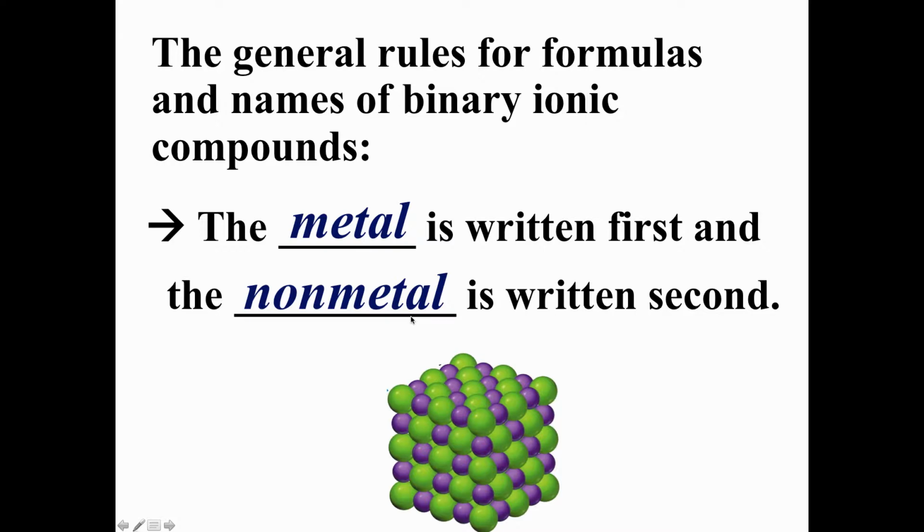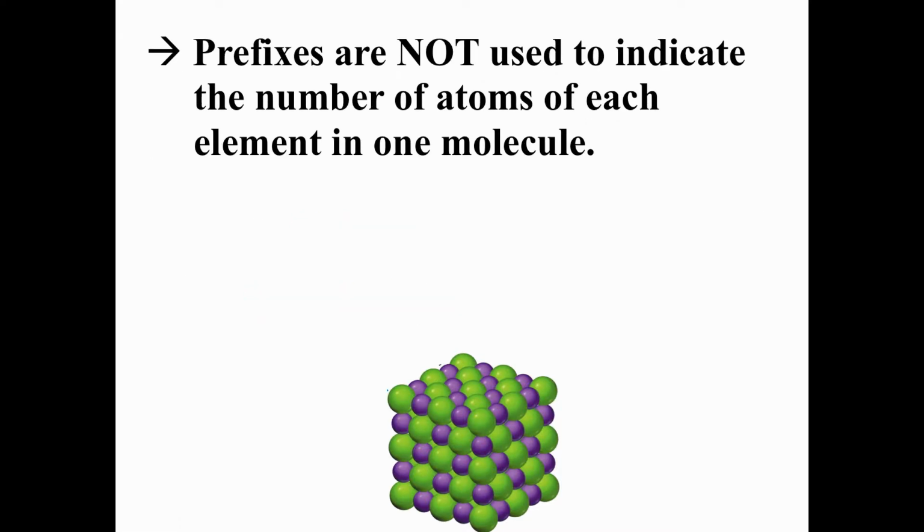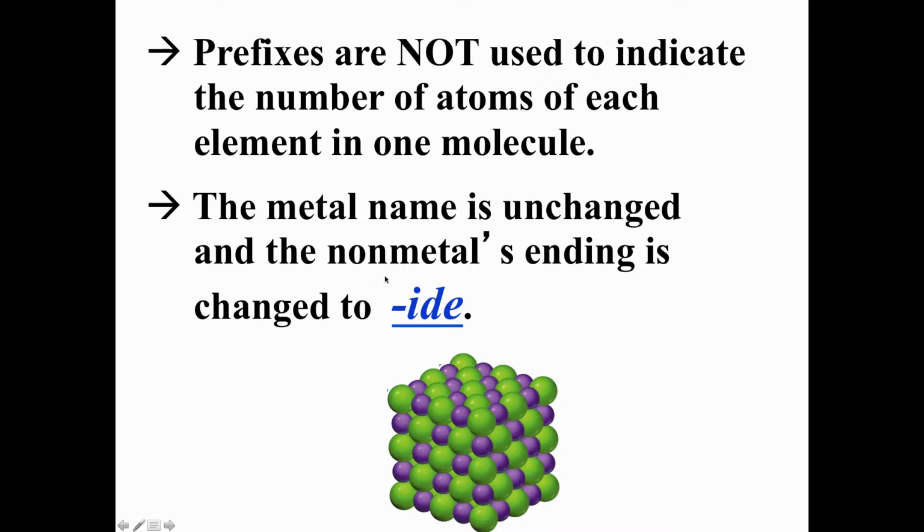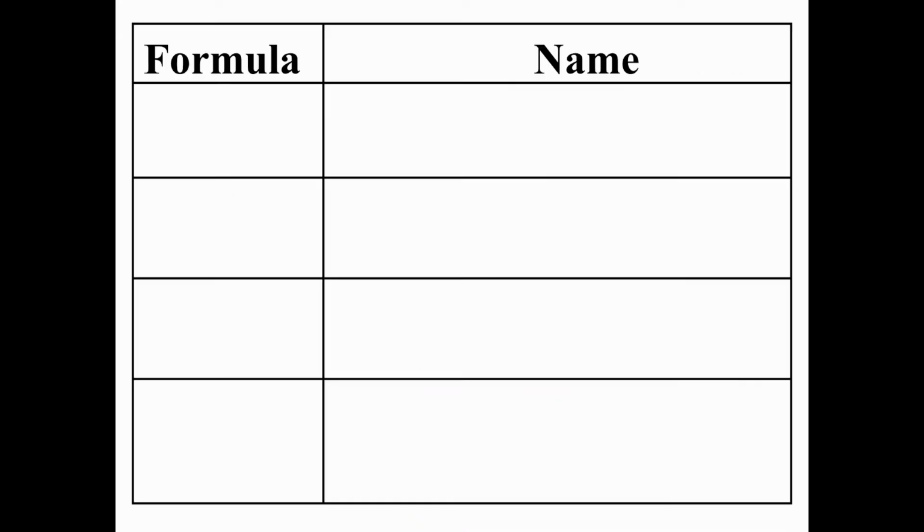And as before, we're going to change the ending of the non-metal's name to -ide, but in this case we don't use prefixes because we have a different way of determining how many atoms, or in this case ions, of each type are going to combine. So it's different than with molecular compounds when we have ratios of atoms. Now we have ratios of ions, and we do not use prefixes because we can tell what the ratio will be in a different way.